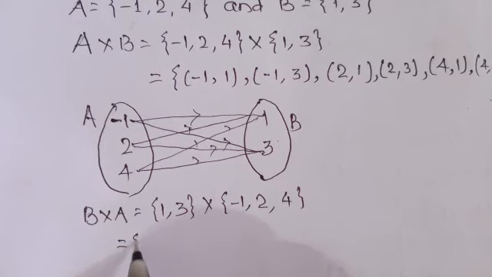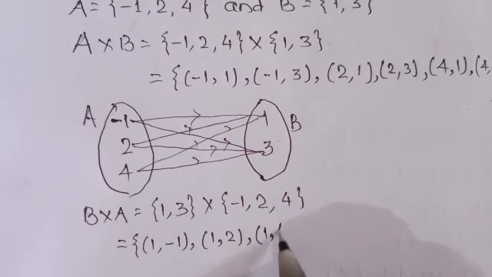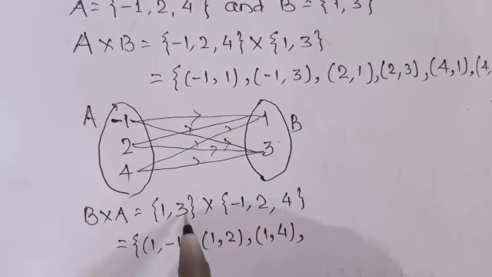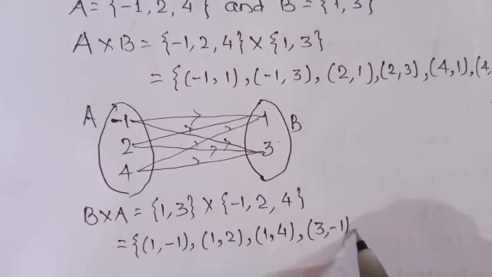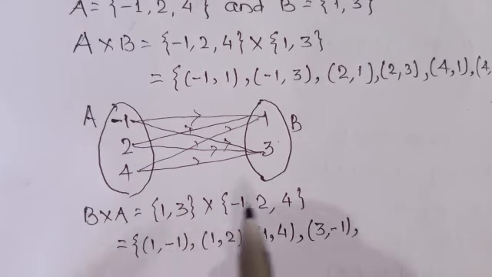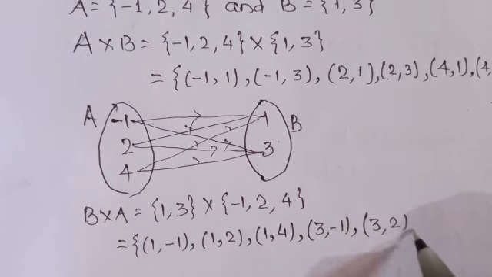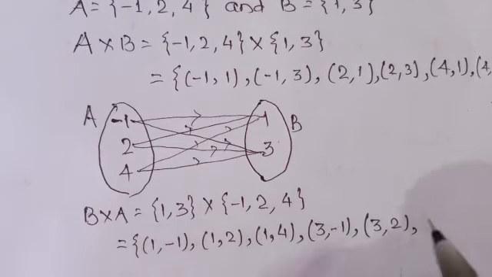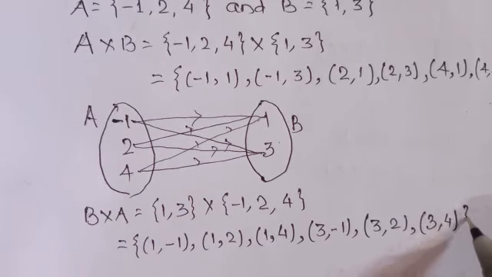Find out (1, -1), then (1, 2), then (1, 4). Next (3, -1), (3, 2) and lastly (3, 4). So first construct B cross A.